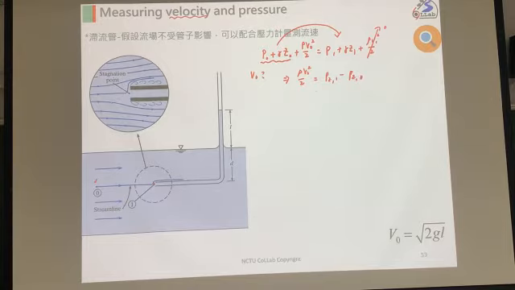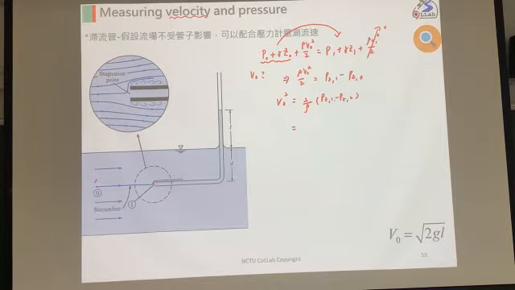Then V0 squared is equal to 2 over rho times PZ1 minus PZ0.